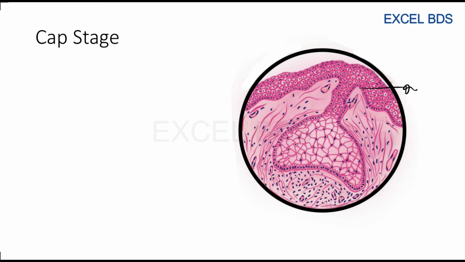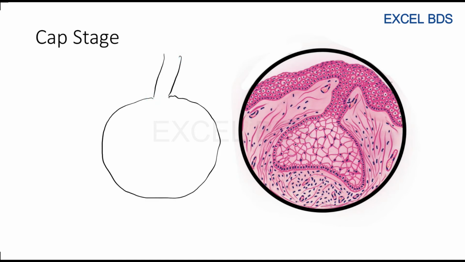This is the oral ectoderm. And these cells go on growing down. The enamel organ goes on growing downwards because the fetus is growing. But it is not just growing down evenly like one big ground.